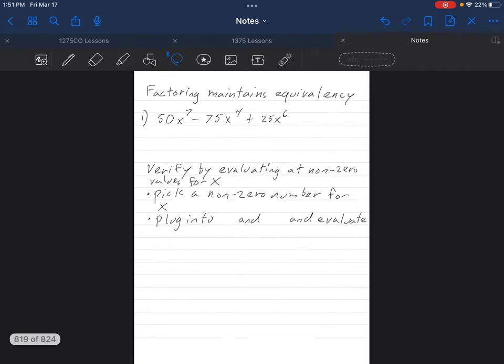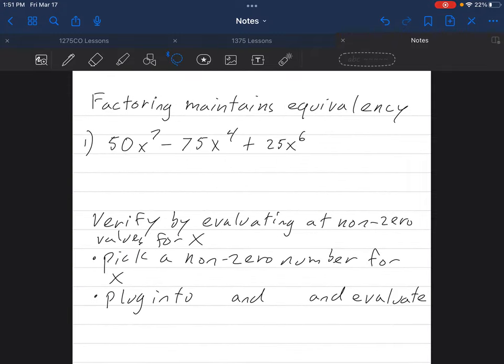All right? And I want to talk about factoring a bit because we have talked about it before, but it is something that needs more revisiting, which is why we're doing this lesson today. Factoring or rewriting maintains equivalency, and we're going to go through a way to show that.